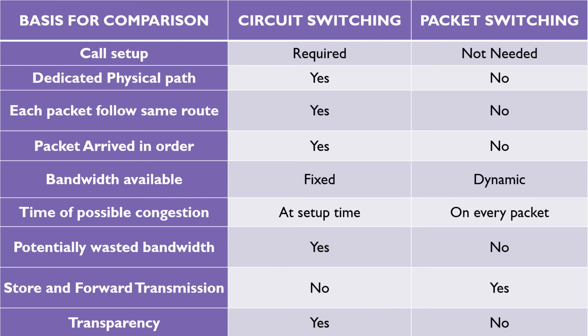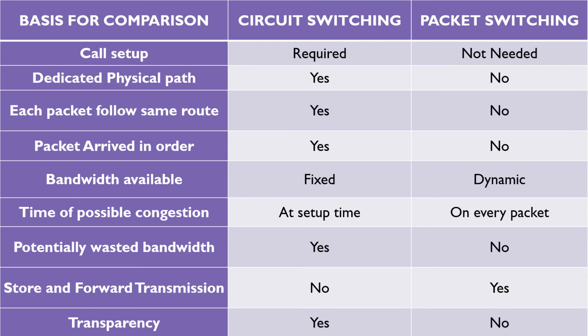Then in circuit switching, each packet follows the same route which is created before actual transmission. In packet switching, a different route will be followed by each packet. In circuit switching, packets arrive in order. In packet switching, it is out of order.